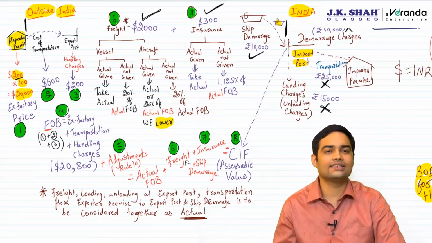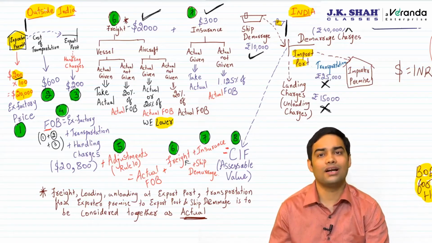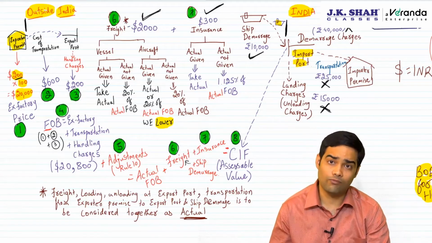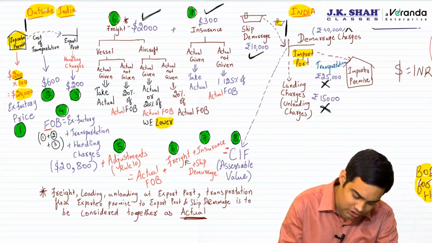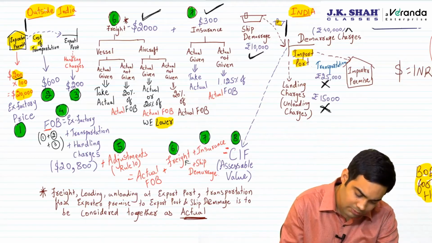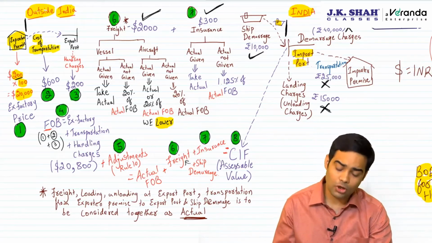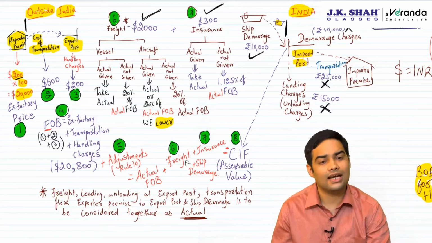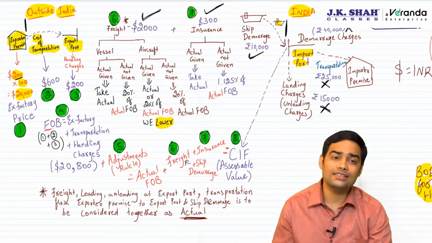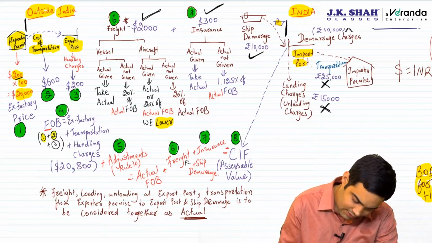Ex-factory price in our example is $20,000. Will ex-factory price be part of value? The obvious answer is yes. What about cost of transportation from exporter's premise till the export port? Obviously yes. What about handling charges at the export port? Obviously the answer is yes. All these three, that is 1, 2, 3 taken together is called as FOB.